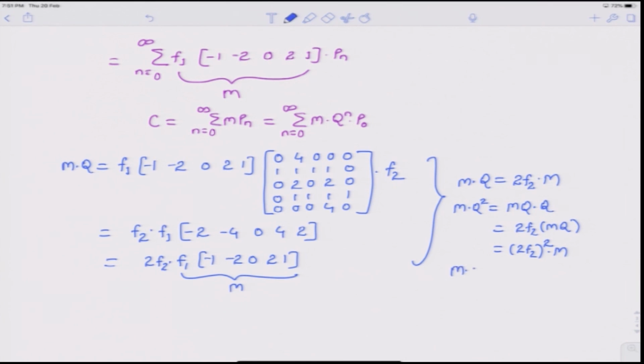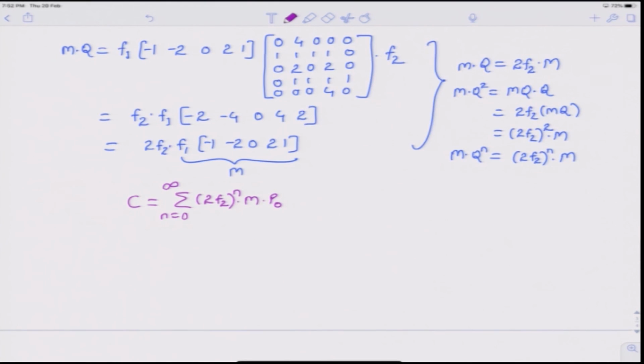So, if we write M times q to the power n, that should be equal to 2 F2 to the power n times M. And if we substitute back in the expression for C, we get C is equal to sigma n equal to 0 to infinity 2 F2 to the power n times M times P0.